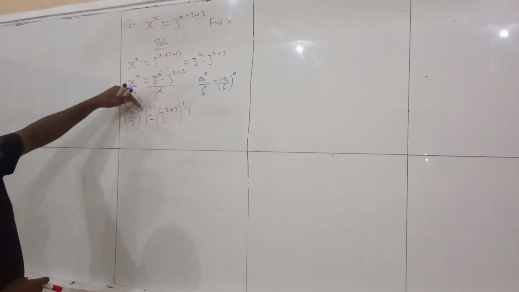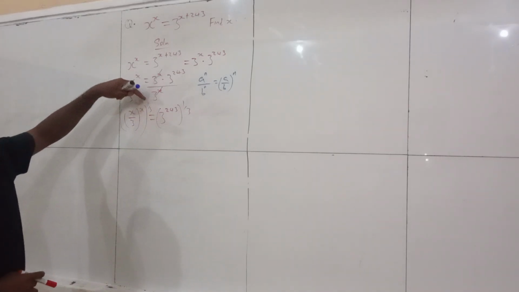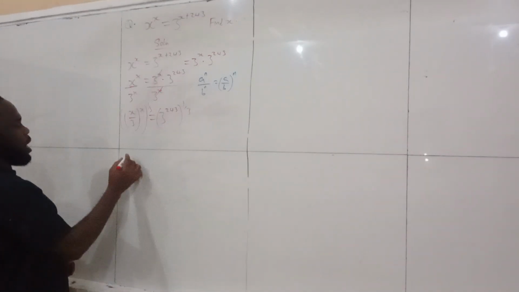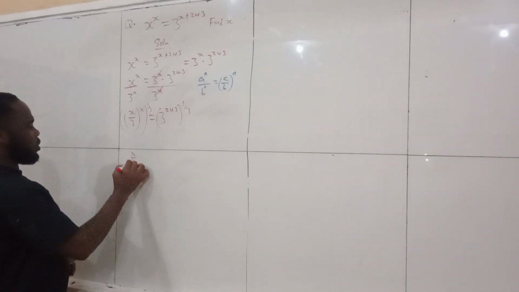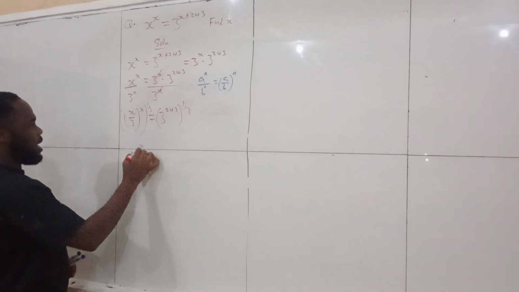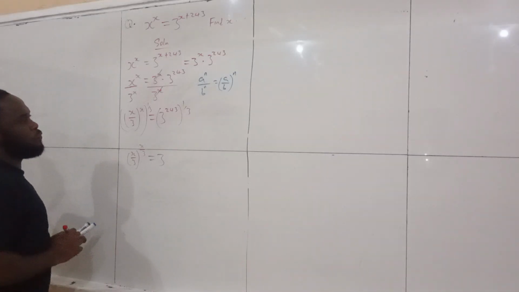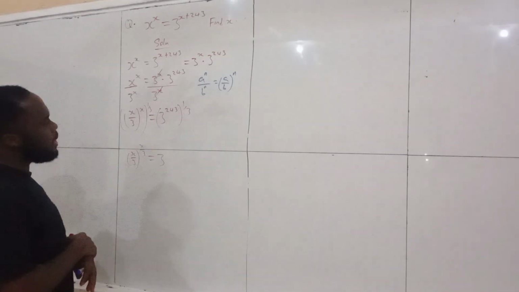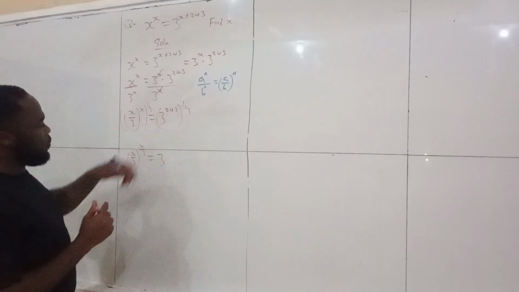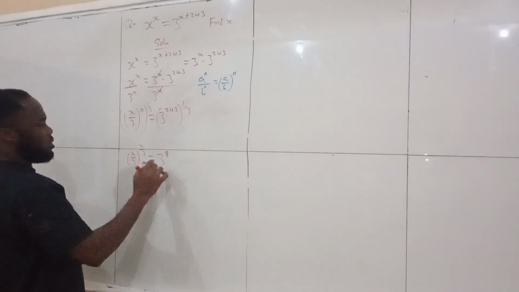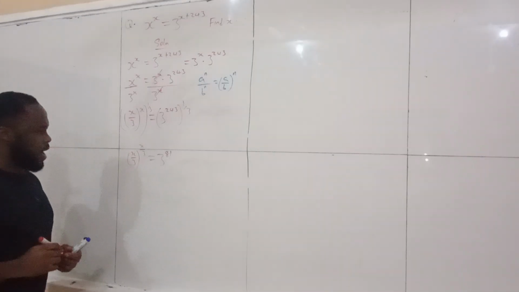And what is powers law? We can multiply all their powers. So x times 1 over 3 is x over 3. So we're going to have x over 3 all raised to the power of x over 3, which is equal to 3 raised to the power of 243 multiplied by 1 over 3. So 24 divided by 3 is 8. Then 3 into 3 is 1. So we're going to have 81.